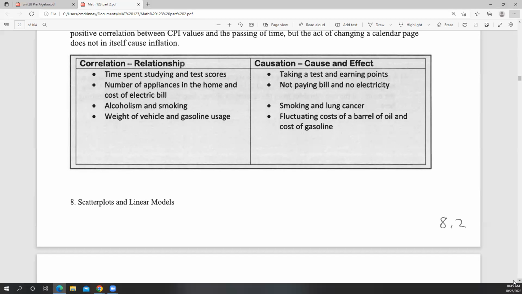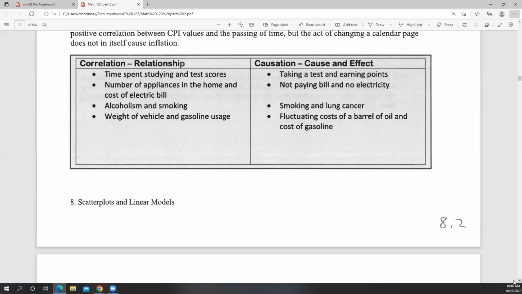So these are all things that have correlation, but then we have some other things over here that are actually causation. They could also still be said to have correlation. Taking a test and earning points. You don't take the test, you don't earn points. Not paying your bill and then not having electricity. Smoking and lung cancer.